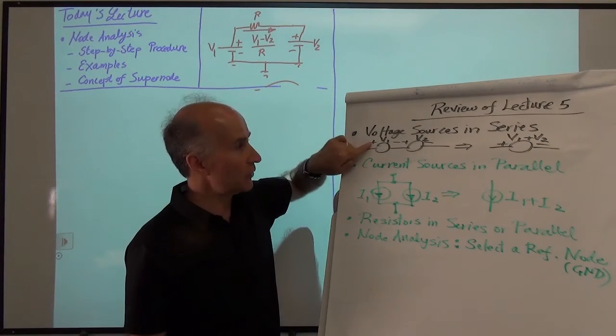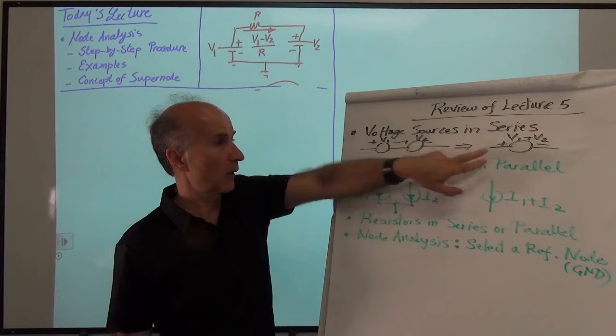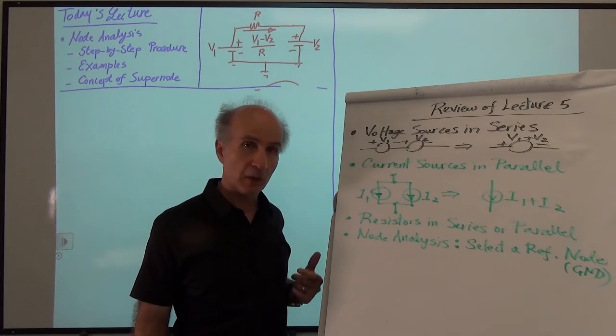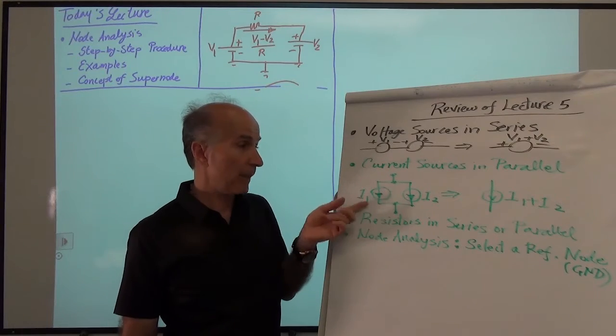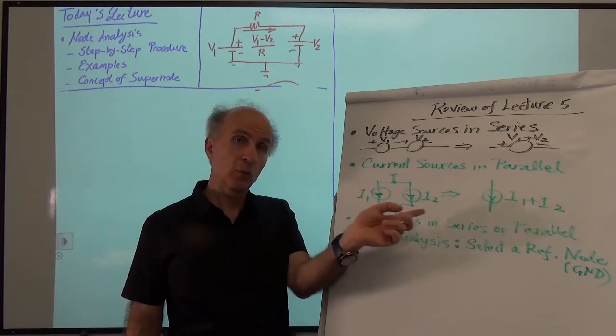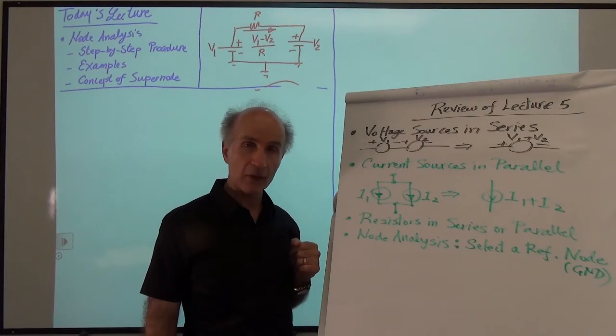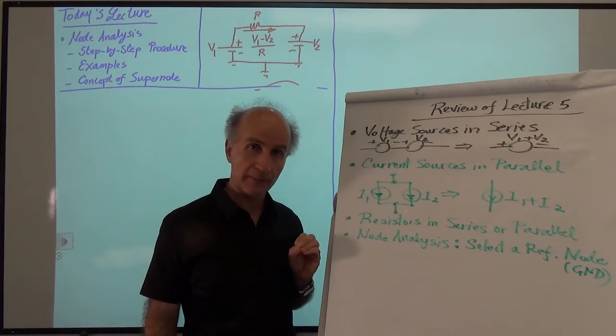So we just have to pay attention to these signs when we want to decide what voltage we should put here. Similarly, for current sources, if they are in parallel, they can be merged into one, which is equal to the sum of the two.